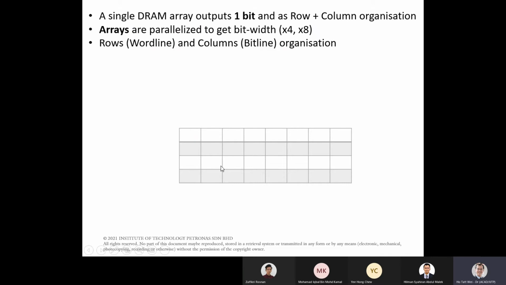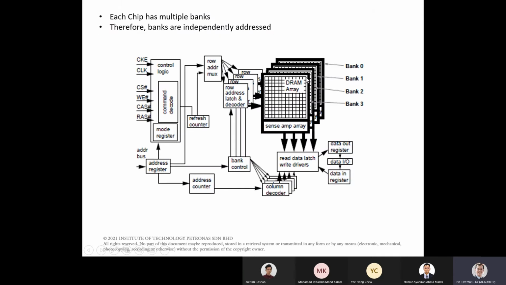So if I'm looking at times 4 and there are 4 of these, the 4 of these grouped together is one bank. I can have multiple banks within an IC. Bear in mind, I can have multiple banks within the IC, but one bank is a set of parallel DRAM arrays, right? So the DRAM array, if it's 4-bit width, that means there are 4 DRAM arrays.